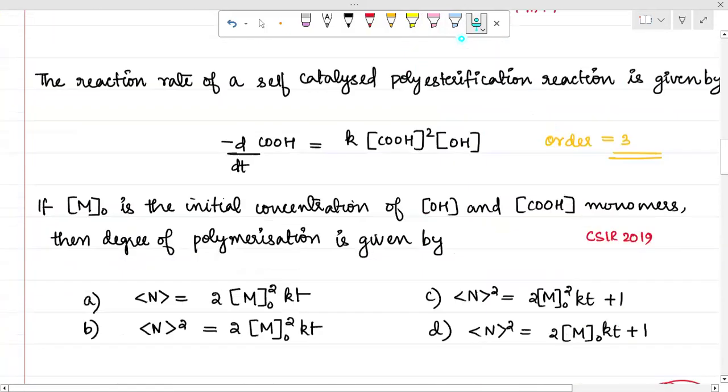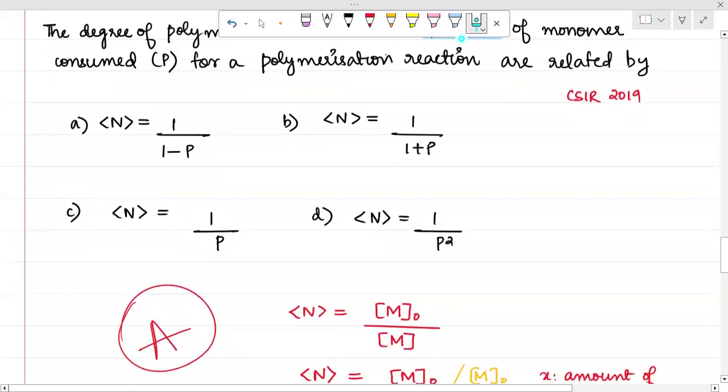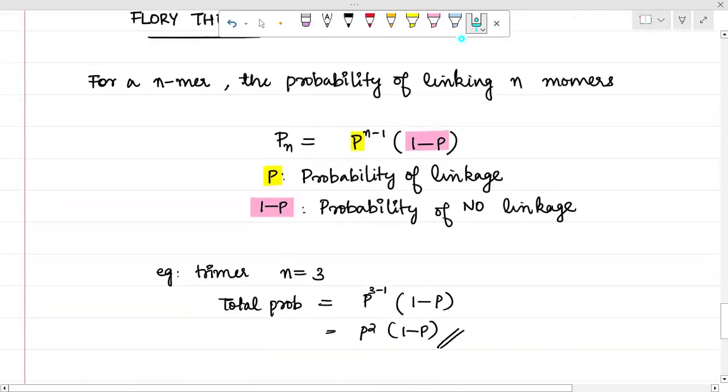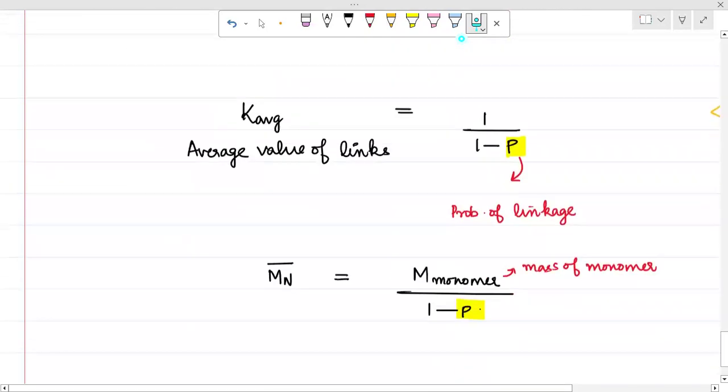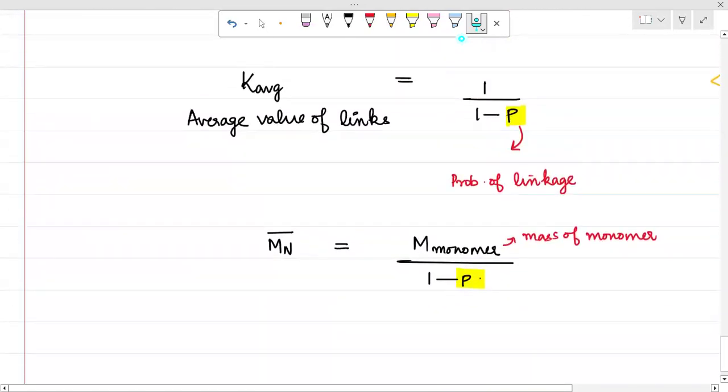And under Florey theory, we have learned some equations that are based on the probability of linkage. The total probability of linkage is probability of linkage to the power n minus 1 into probability of no linkage, which is 1 minus P. The average value of links is equal to 1 by 1 minus P, while the number average molecular mass is equal to mass of the monomer divided by 1 minus P.